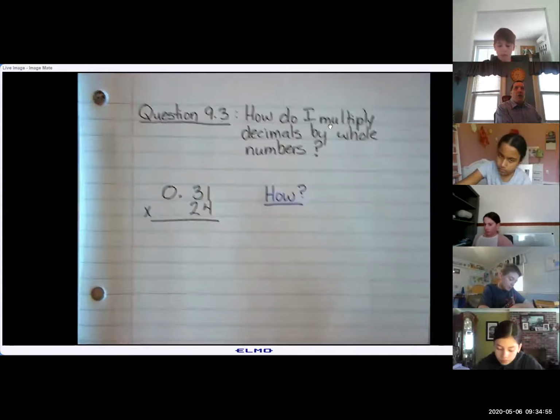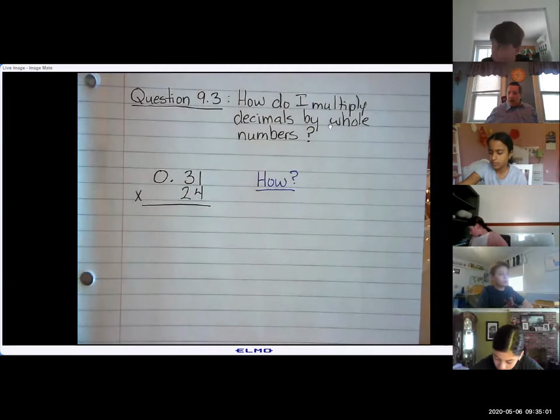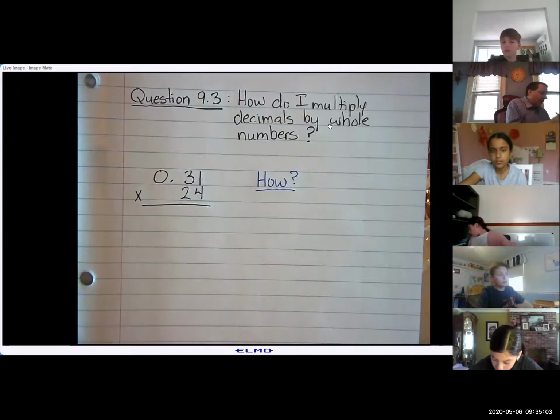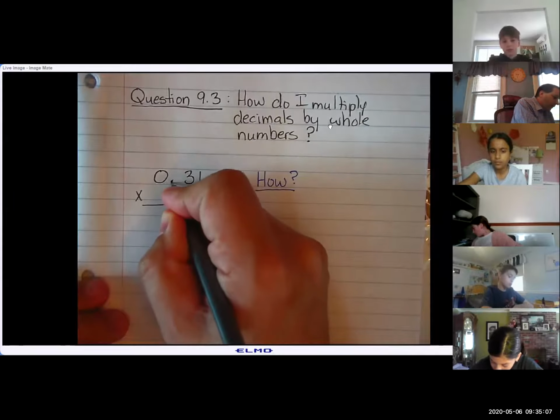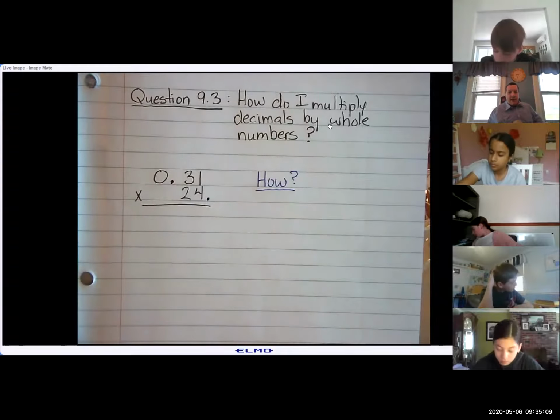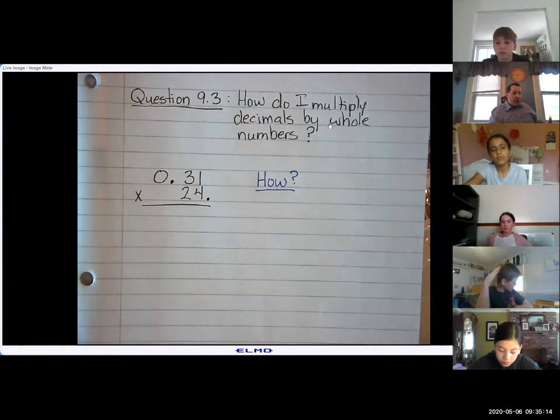So how do you solve this problem? 31 hundredths times 24. I'm going to go ahead and put in a decimal point here, knowing very well that we normally wouldn't write that decimal for the 24. It's there, but we don't write it. I'm going to write it just for today for demonstration purposes.